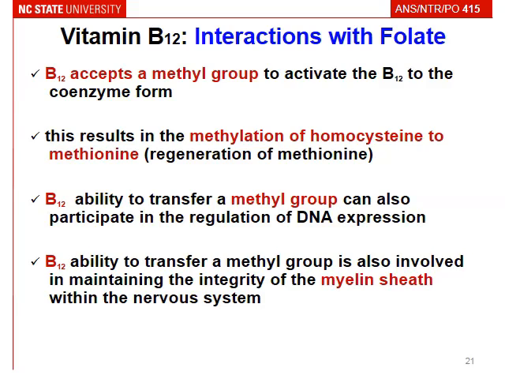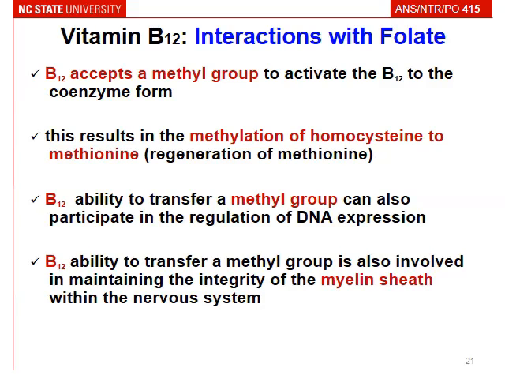So as you probably gathered from the folate portion of this lecture, B12 and folate interact significantly. That's one reason why we have so many similar deficiency symptoms, and it's hard to distinguish between a folate deficiency and a B12 deficiency.